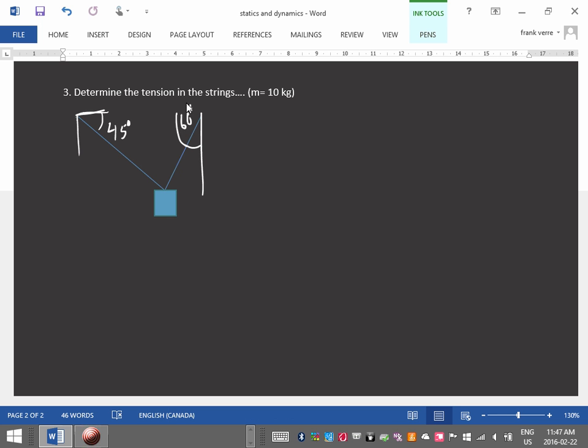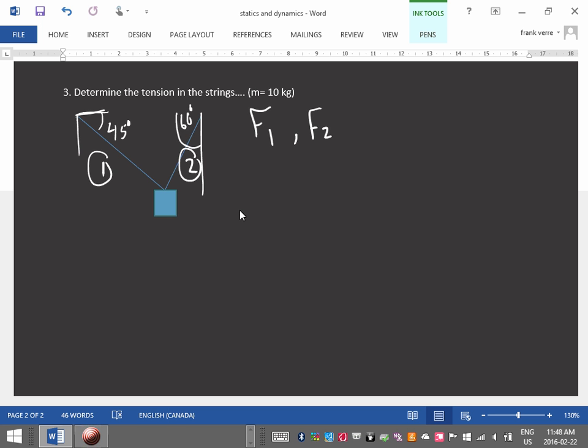There are two cables attached to it. One cable, we'll call this one cable 1, is at an angle of 45 degrees. The other cable, called cable 2, is at an angle of 60 degrees. And what we're going to do is figure out the force in cable 1, and the force in cable 2. Okay? Alright, that's what we're going to figure out.